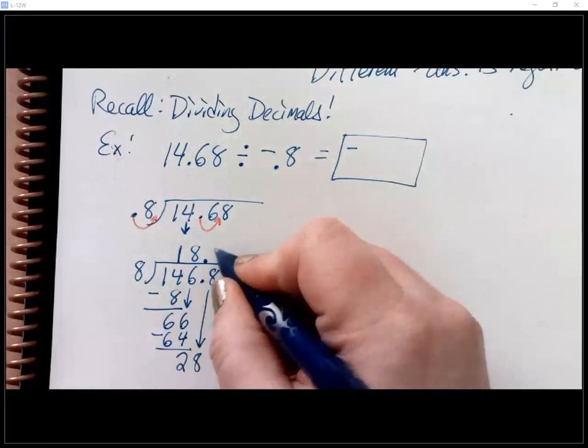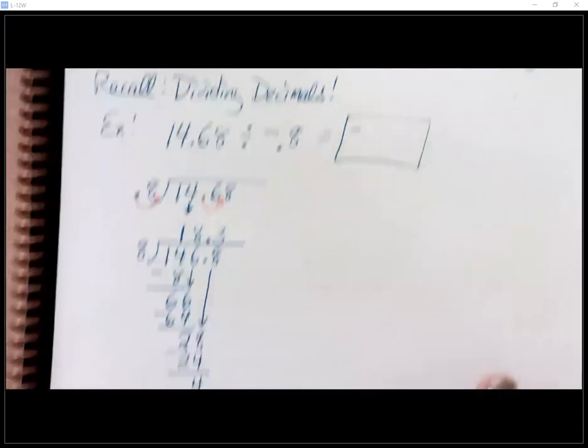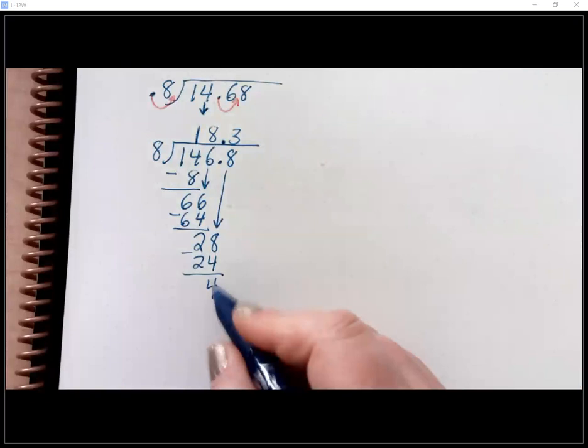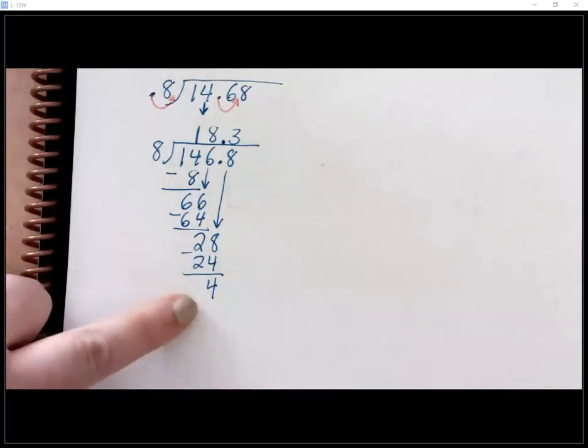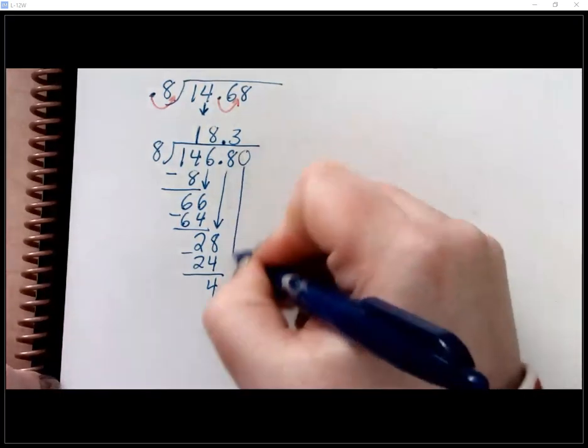So 3 times 8 gets me that 24, and then I minus, I get a 4. Now what happens here? Sometimes this number will end up being a 0, and that means you're totally done. Since I don't have a 0 though, what you can do is add a 0 and keep going. You can add as many zeros as you need to.